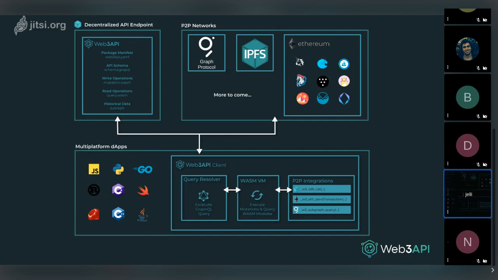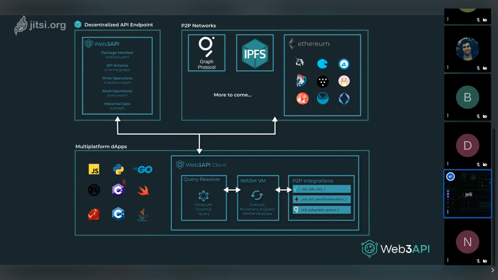Yeah. I think there's a big distinction that must be made between what the client is and what the Web3 API is. See how up here in the Web3 API, we have mutation.wasm and query.wasm? These are the modules that are written in WebAssembly, and this is where it's written in AssemblyScript. And then down here in the client, this is written in whatever your application is written in.